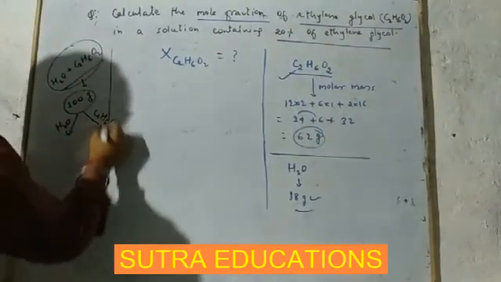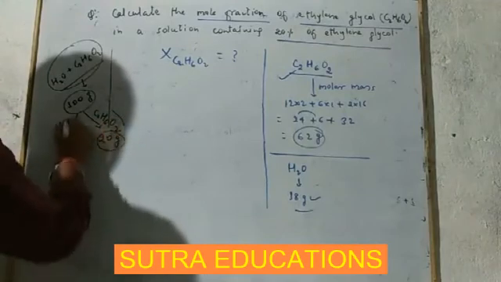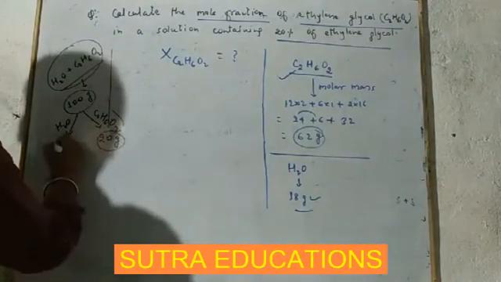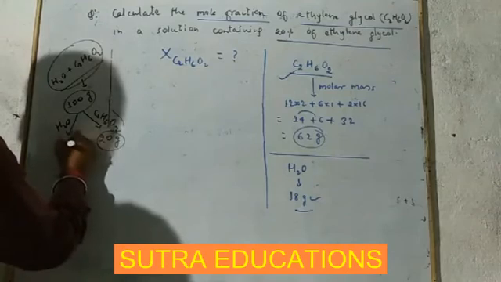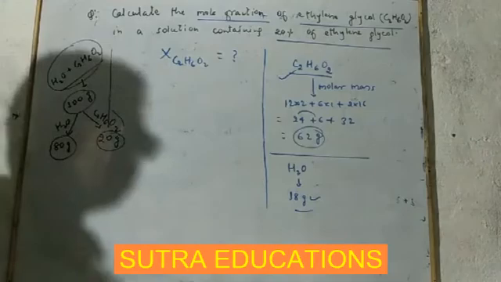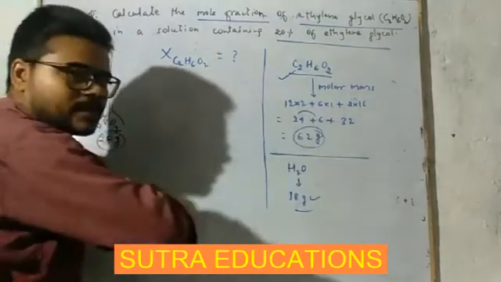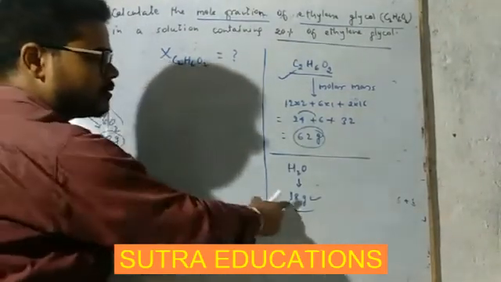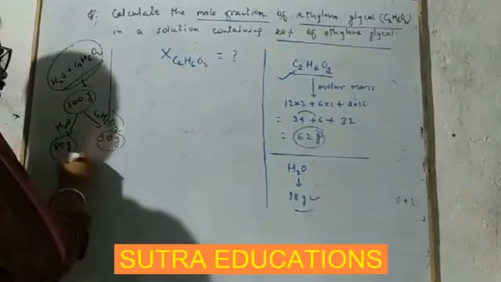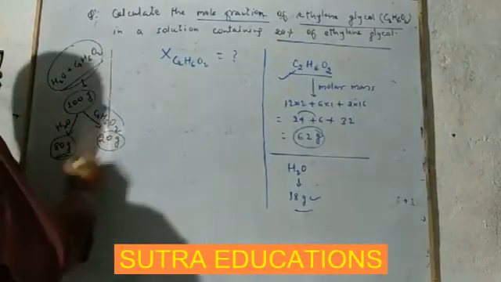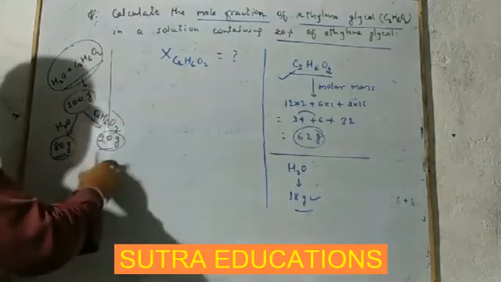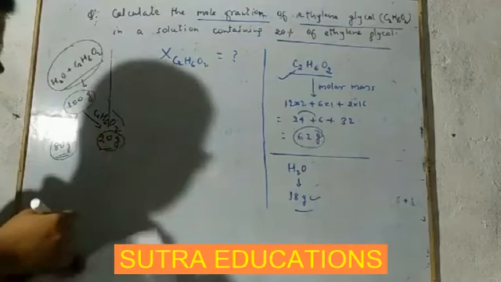So 20 gram is C2H6O2, and H2O is 100 minus 20, 80 gram. Getting these things? We have calculated molecular mass of ethylene glycol, we have calculated molecular mass of water, then we have calculated 80 gram of H2O is there in 100 gram of solution, and 20 gram of C2H6O2 is there in 100 gram of solution.